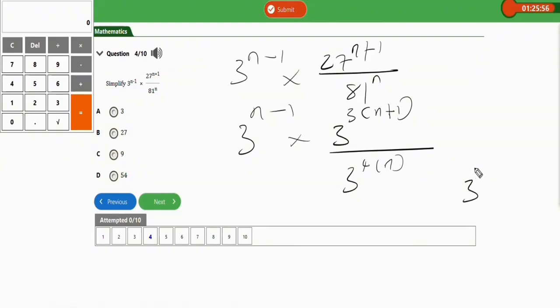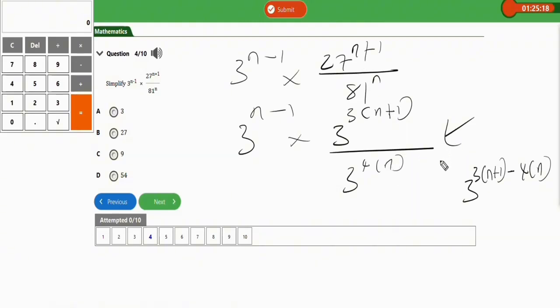3 in bracket n plus 1 minus 4 in bracket n. So we have 3 to the power 3 in bracket n plus 1 bracket close minus 4 in bracket n. This is what we arrive at when we simplify what we have here. Let's now connect everything together.